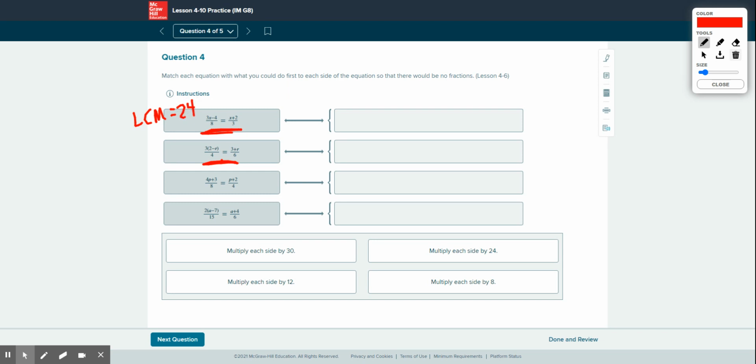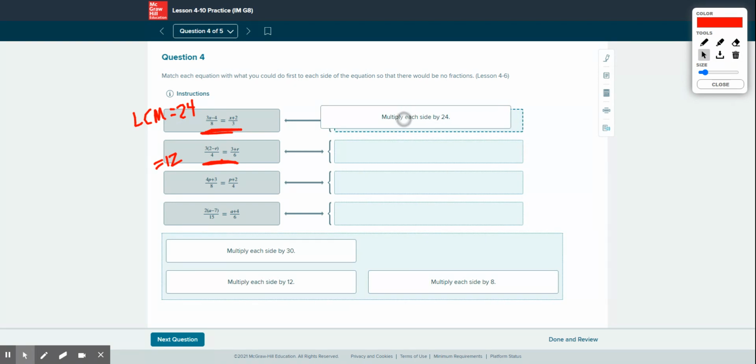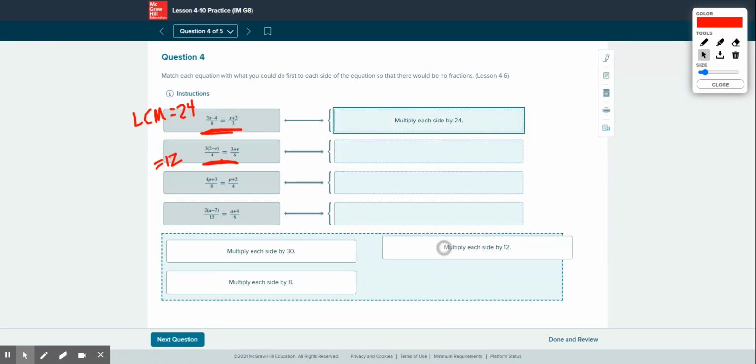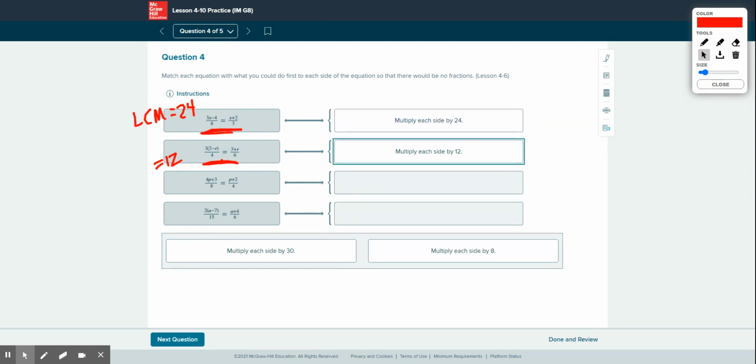We know that 4 and 6 are both factors of 12, which is a smaller number. And so we can differentiate the two based on what we know about those numbers as factors. So when we put these in here, this one will be the 24, and this one will be the 12. And then we can compare the other ones about 30 and 8. So pay attention to these other pieces.